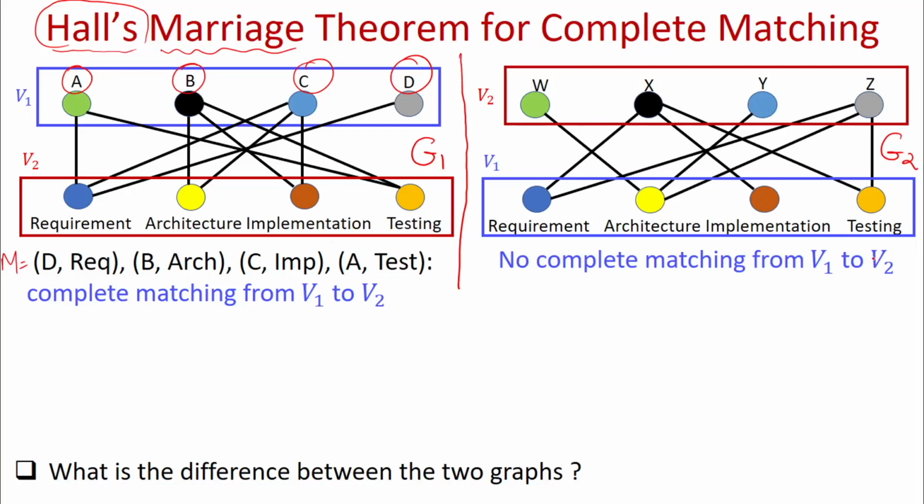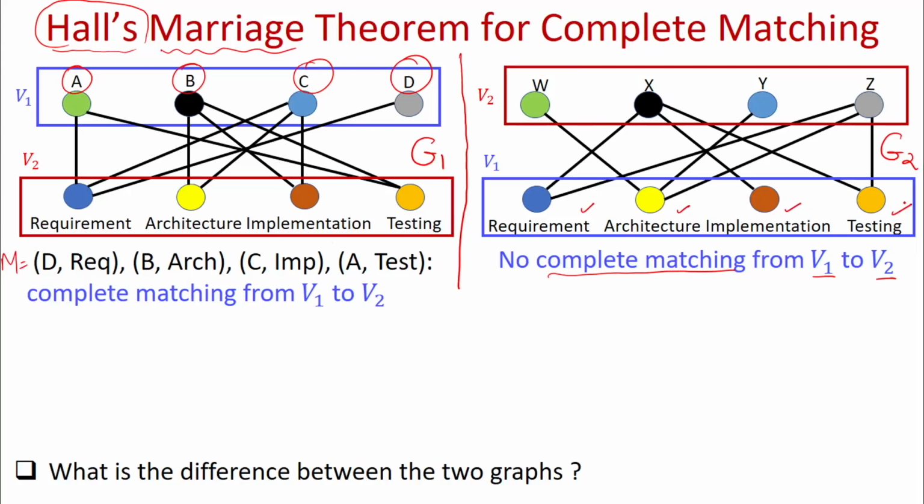Because a complete matching from V1 to V2 is interpreted as picking a subset of edges in G2 such that no two distinct edges in that subset have a common endpoint. That is equivalent to saying that there exists no employee who is assigned multiple jobs, and at the same time you take care of all the four modules.